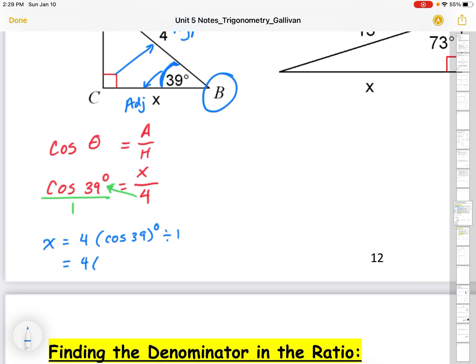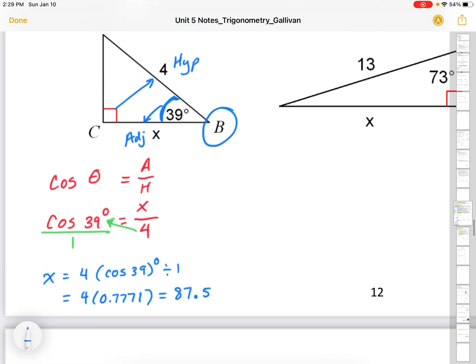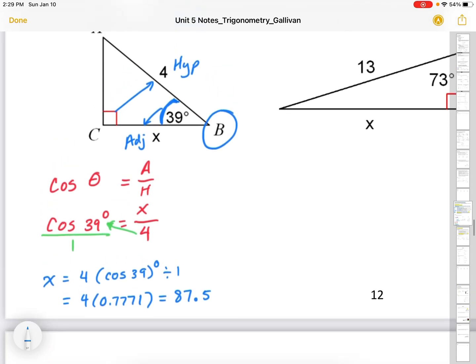Cos of 39, we put 39 in and we hit our cos button. This is 0.7771. We don't even have to write the divided by 1 because anything divided by 1 is the same. So we get 87.5, and we don't have units.